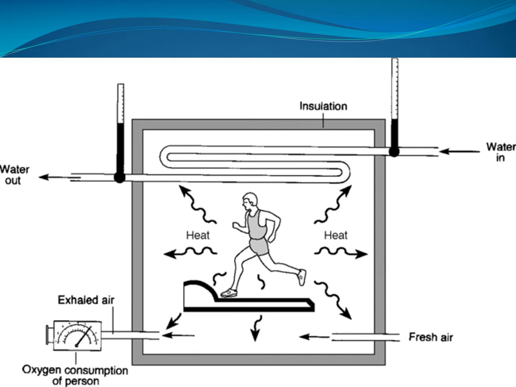Now, if you know the temperature of the water which is flowing inside that insulated chamber and know the temperature of water at the outflow, and you know the flow rate of water, you can calculate the amount of heat that has been accepted by water flow through that installation system, which is exactly equal to the amount of heat that has been irradiated from the body.